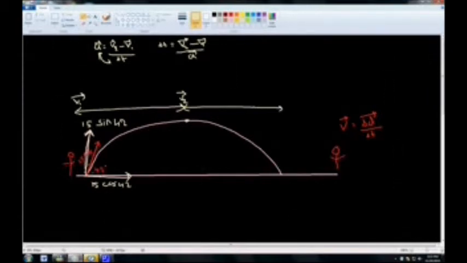15 sine 42, that's 10.04. So that's 10.04. And what's this? As the ball is rising up, gravity is slowing it down, and then right here it's 0, and then when the ball is falling down again, it's speeding up because gravity is pulling it down.